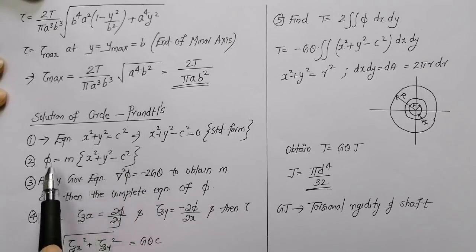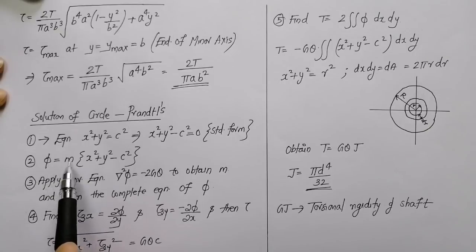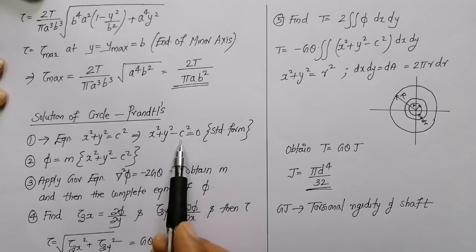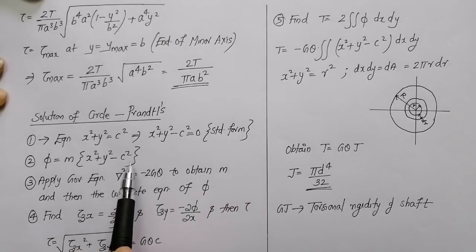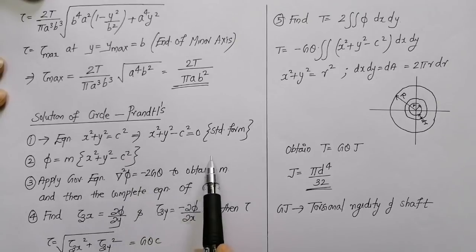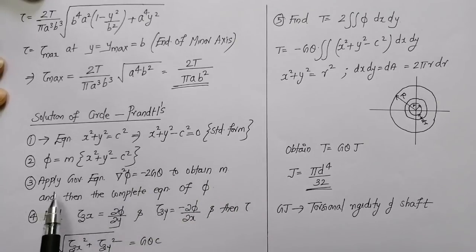We are writing down the Prandtl's function phi equal to some constant into the LHS of this equation. Phi equal to m into x square plus y square minus c square. Why? Because phi equal to 0 on the boundary. Now let us apply the governing equation, that is the third step, del square phi equal to minus 2G theta. Now why we are doing that? We are doing that to obtain the value for the constant m. And after obtaining the value for constant m, you are again writing the equation for phi by substituting the value of m obtained herewith.